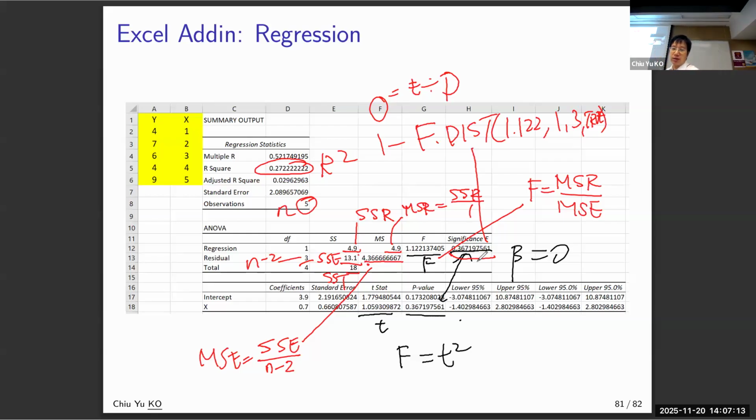Just this number, right? Because that is here, right? 1.123, right? You just calculate the area of this guy. Right tail test, right? Why right tail? Because this ratio, right, should be very close to 1, right? But now you are checking if beta is not 0, then MSR must be much bigger than MSE, right? So that's why the right tail. So you just try to check this area.